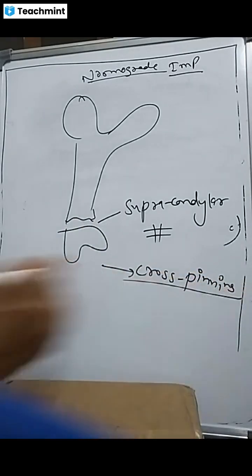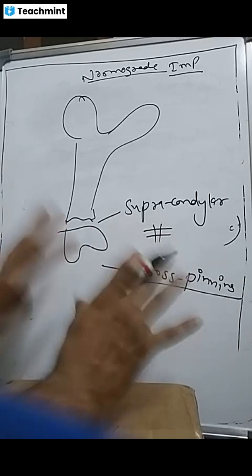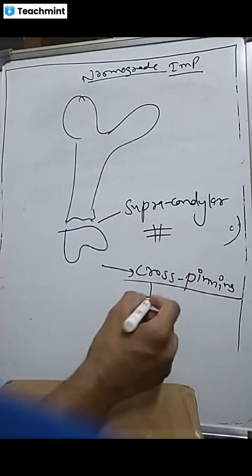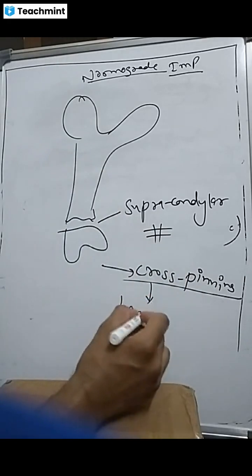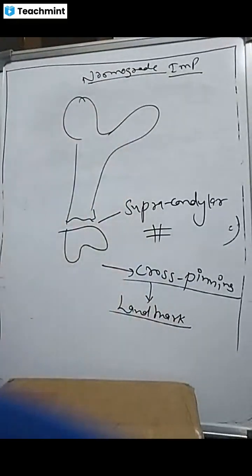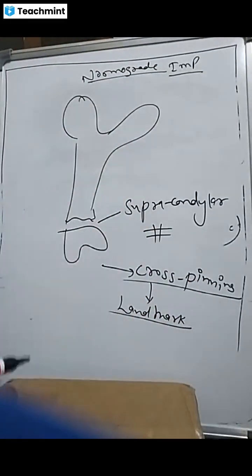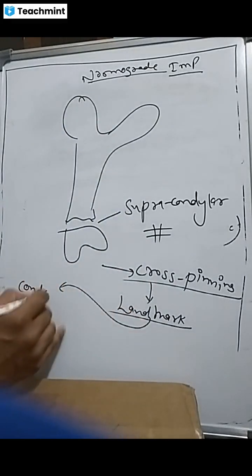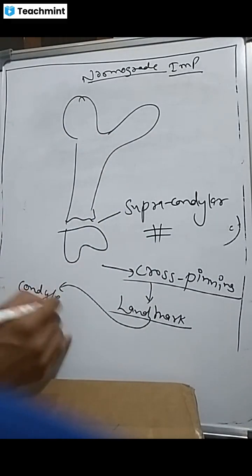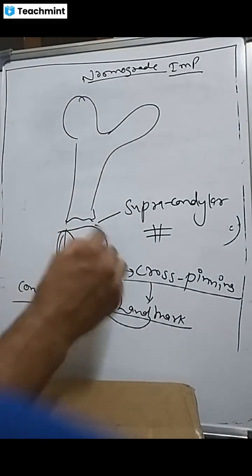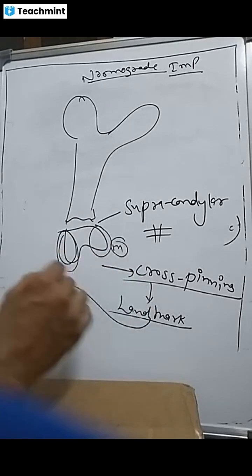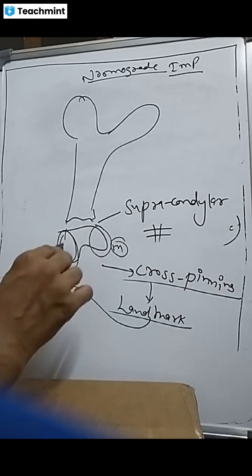Cross pinning. In case of cross pinning, to start with, the first important point you should know is the landmark, if you know the landmark, you can enter the pins. The landmark is the condyle. This is the condyle and this is also condyle. Medial condyle, this is lateral condyle.